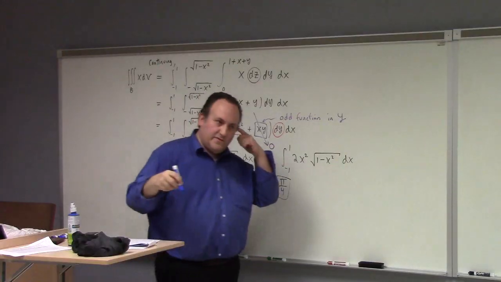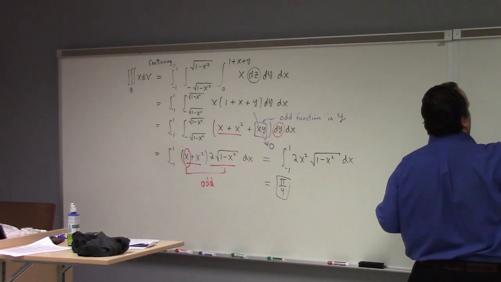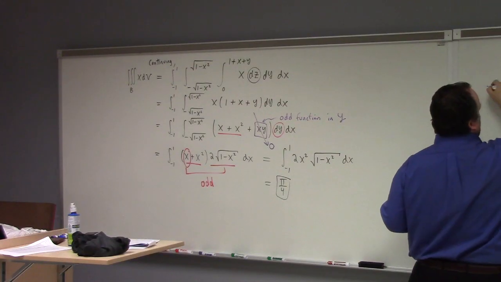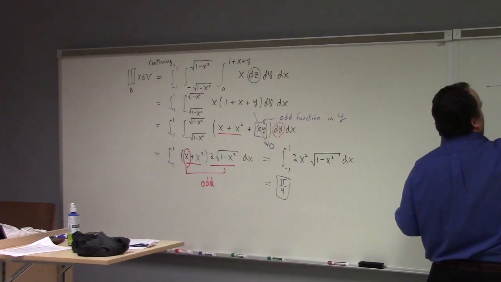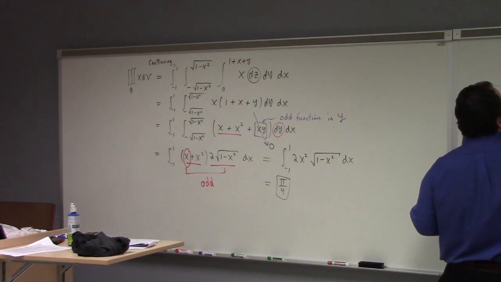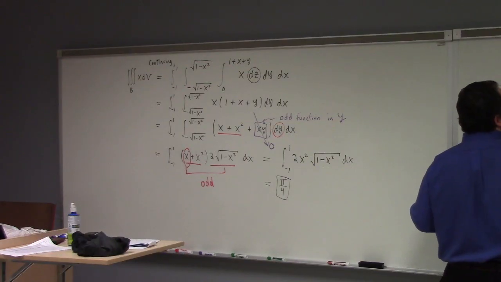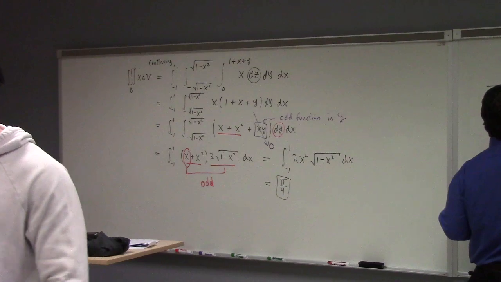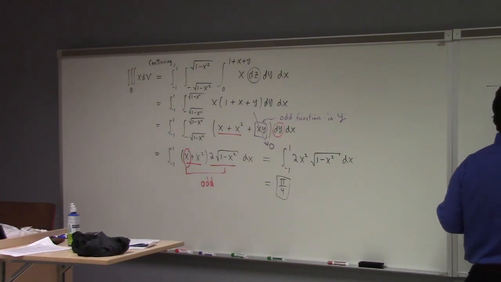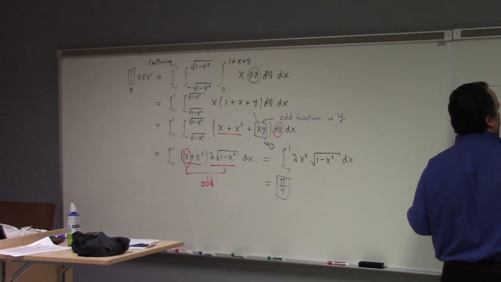So let's just draw a little picture. Suppose we're in the xy plane, and we've got some kind of region. It doesn't have to be exactly like this, but it could have some kind of wiggly outside, and the inside could also be wiggly, whatever.